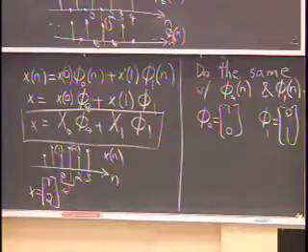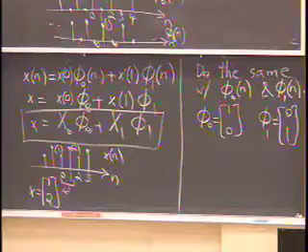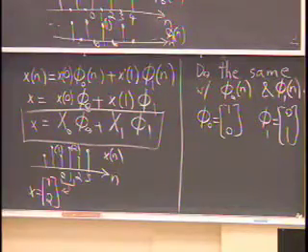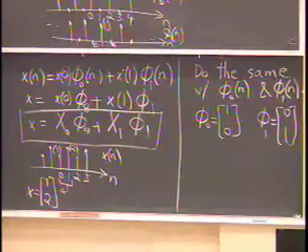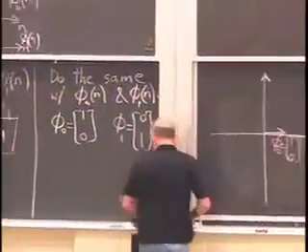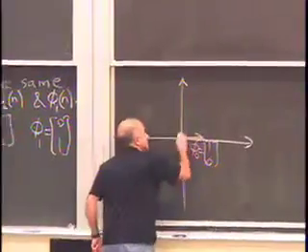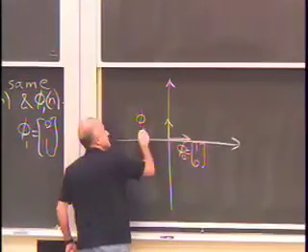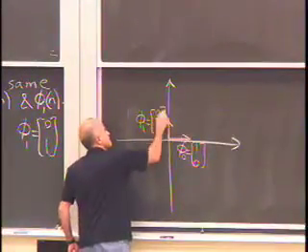So it's as if you're sitting in two-dimensional space. You have one vector, which is phi 0, 1, 0. And you have another vector, phi 1, which is 0, 1.